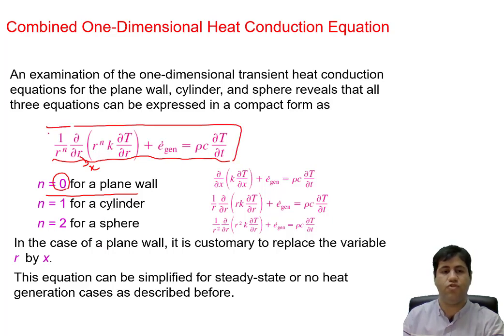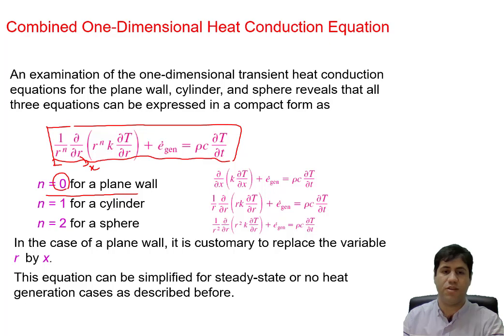If we just memorize this equation, and you know which number to put for n for each of the plane wall, cylinder, and sphere, you can use this equation for all of those shapes or geometries. Similarly to what we have seen for each of these geometries, it can be simplified based on the specific heat transfer condition.